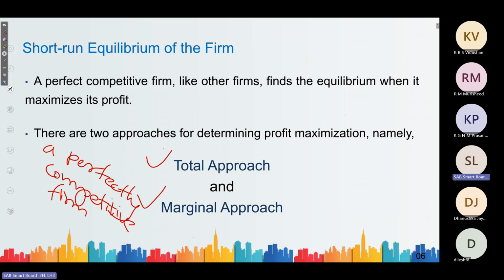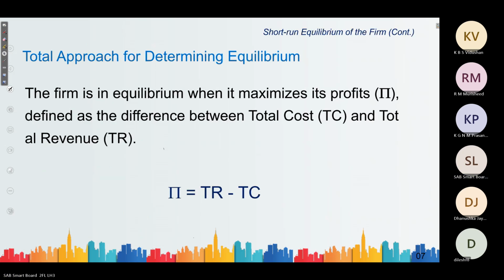So here we see the same approaches, nothing is different. We can find the profit maximizing output level under the total approach when the positive gap between total revenue and total cost is the largest.